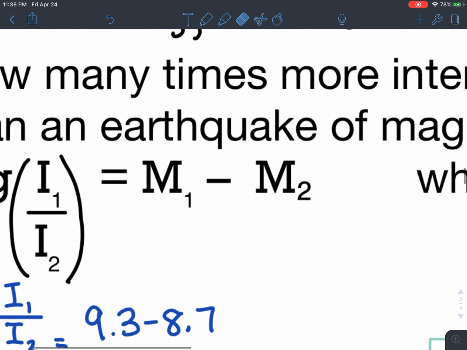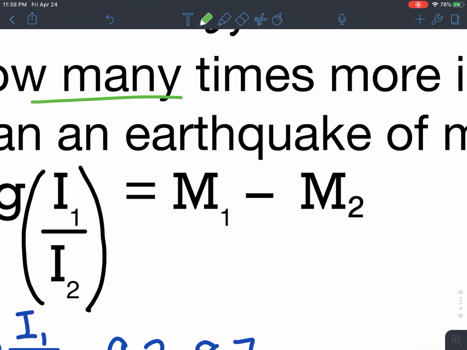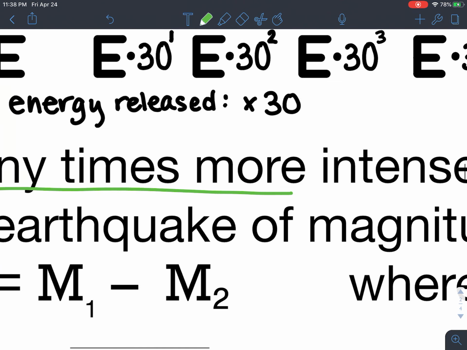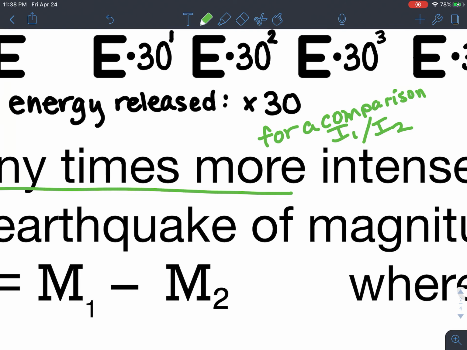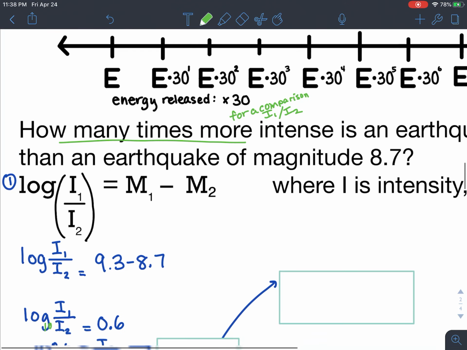So they're really asking you for a comparison. They're asking you for I1 over I2, even though you might not recognize that at first.